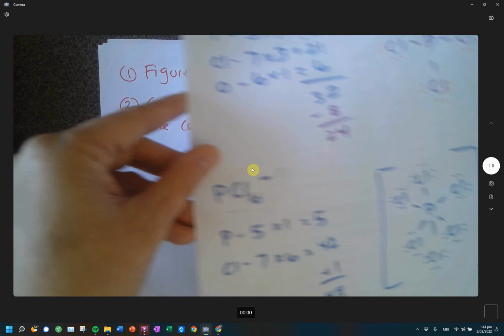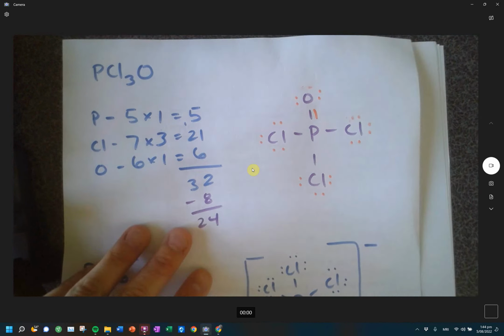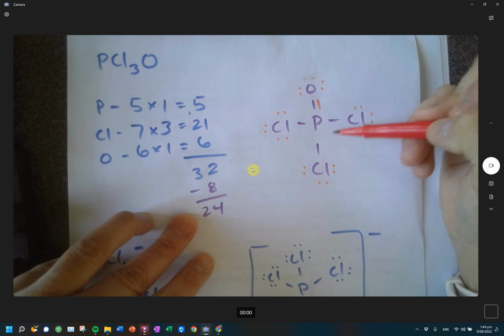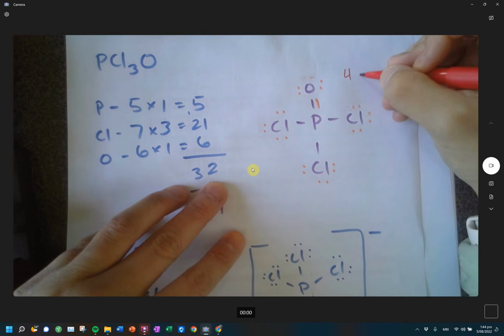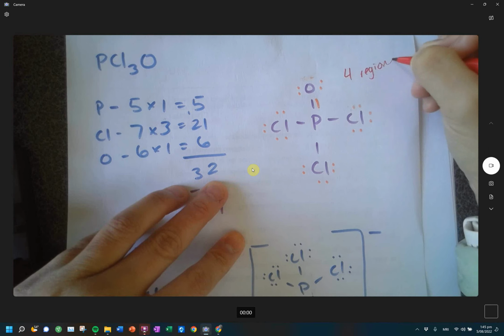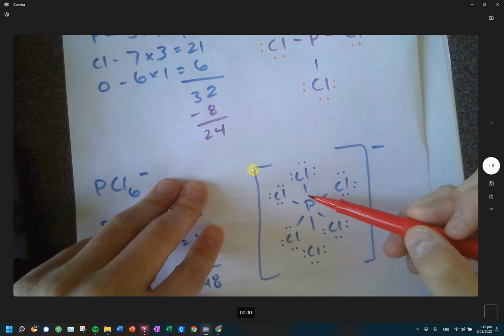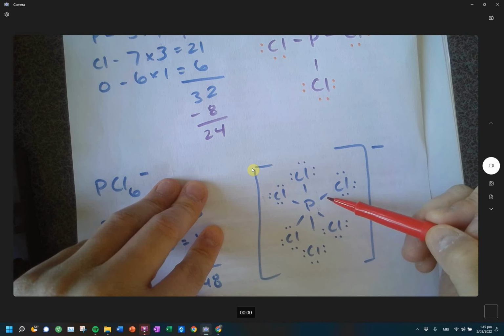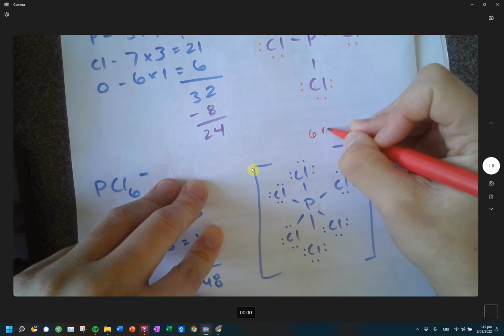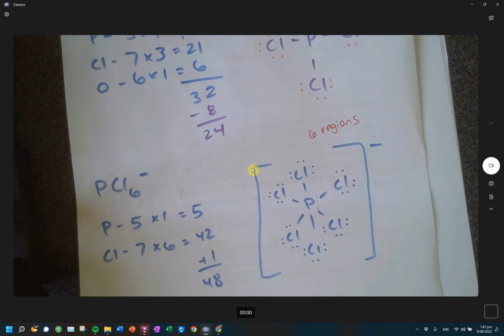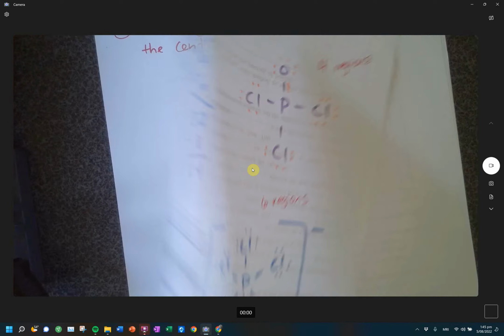I think I did. Oh, I did 2 more. All right. This one here, 1, 2, 3, 4 regions. And then this last molecule that we did the other day, 1, 2, 3, 4, 5, 6 regions. So that's your first step. We good so far? All right.